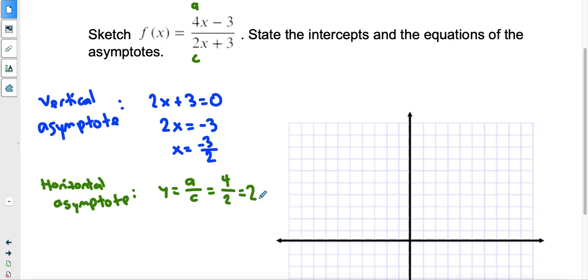Something else that can help us graph equations of this form is finding the intercepts as well, the x and y intercepts. To find the y-intercept, we need to set x equal to 0 in our function.